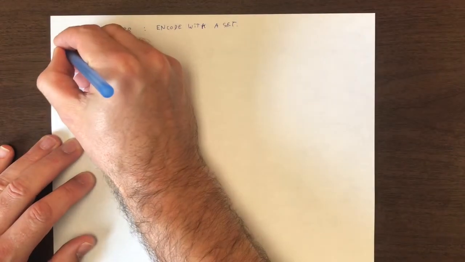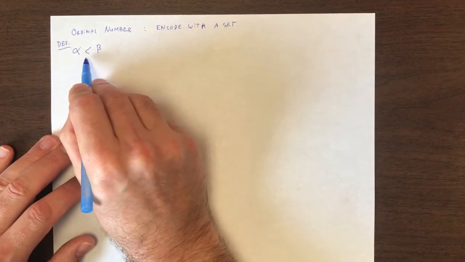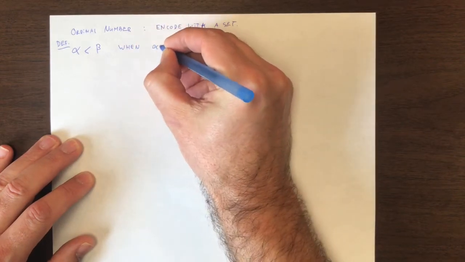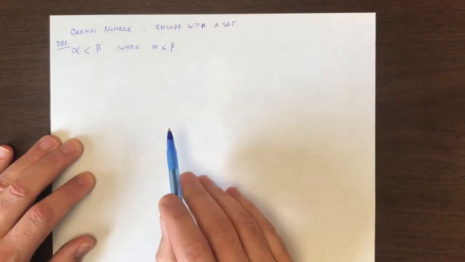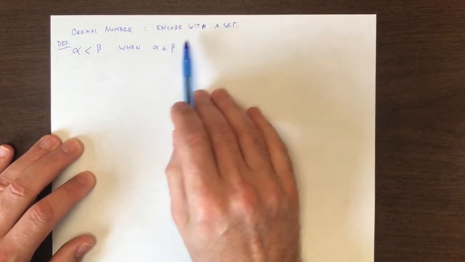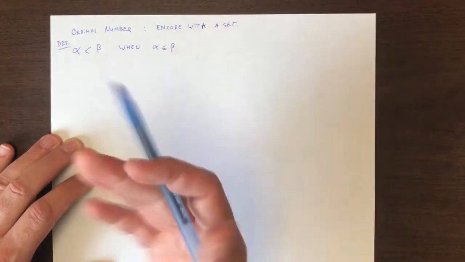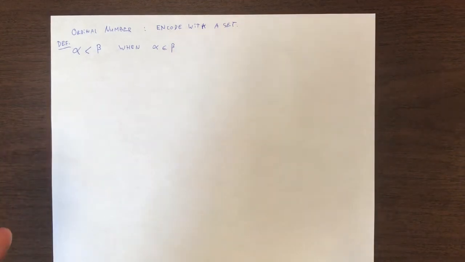The definition is the following: we say that alpha is less than beta when alpha is an element of beta. At first that looks really strange, but remember, in set theory the only things we allow are sets, so even numbers are encoded with some set.